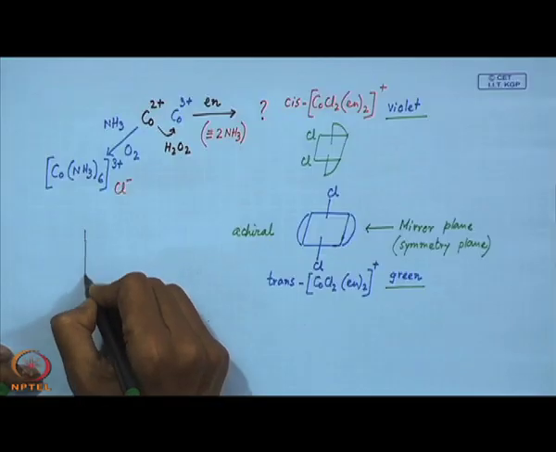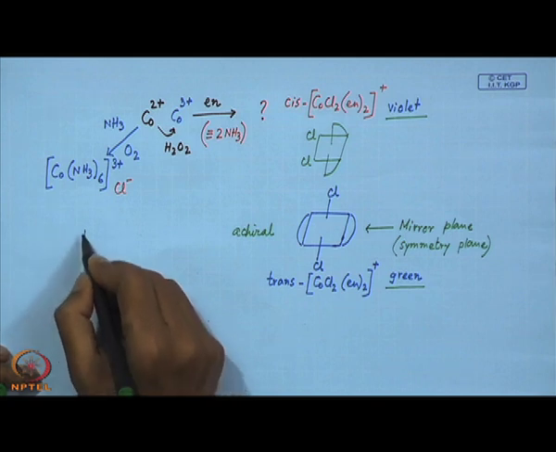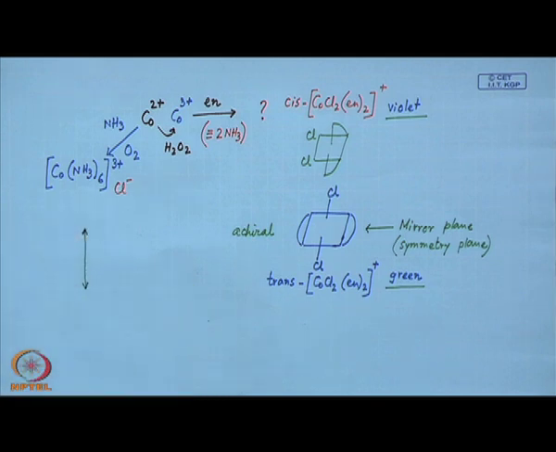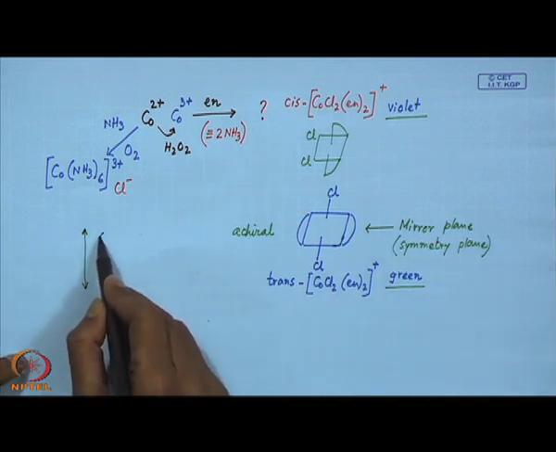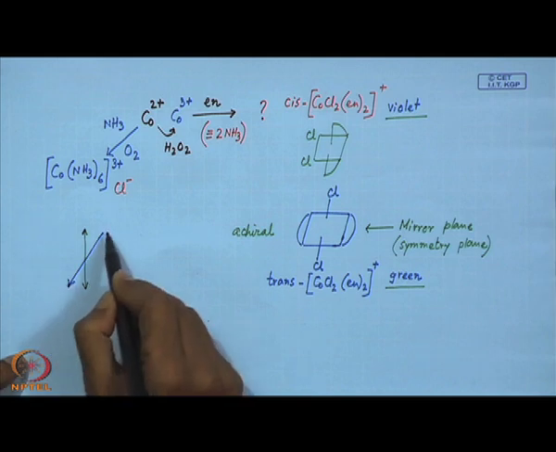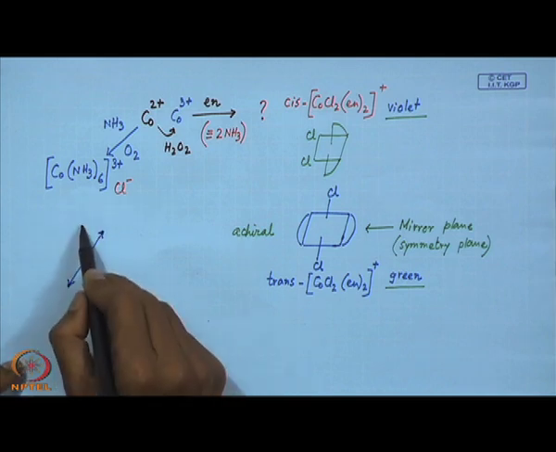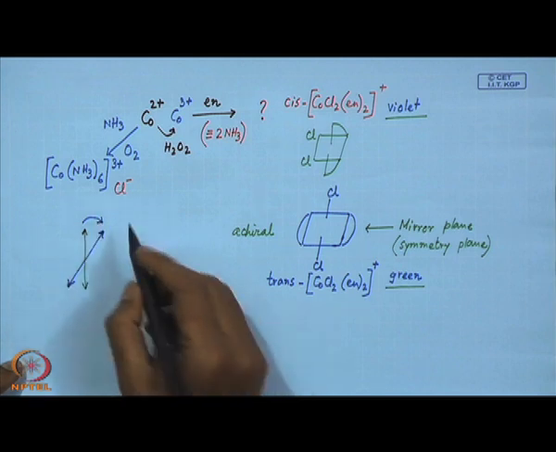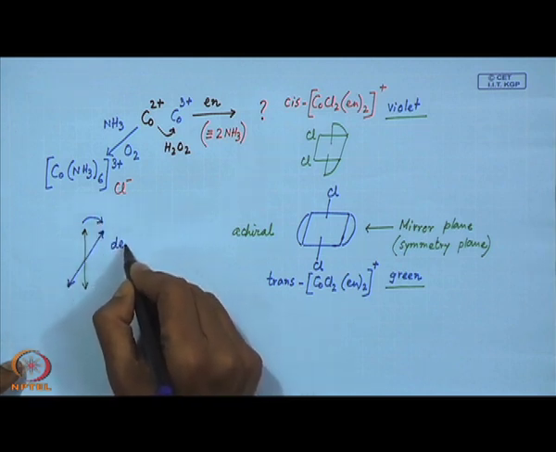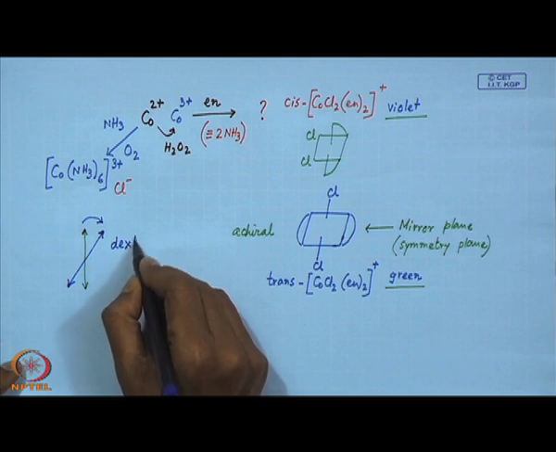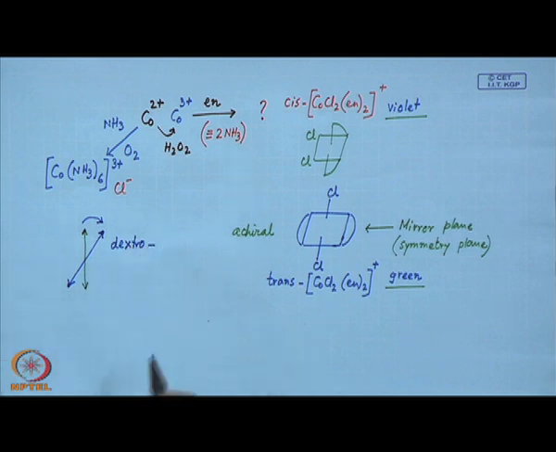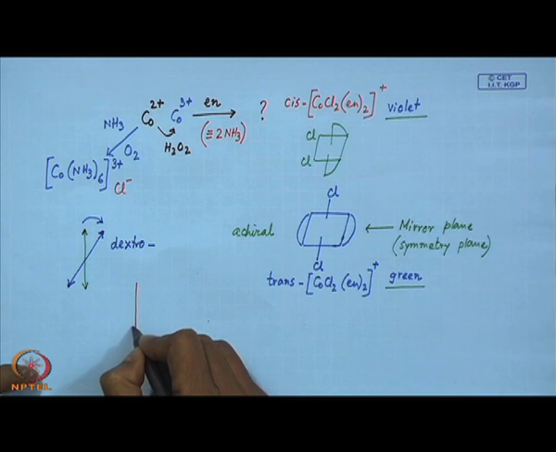So, we have the plane polarized light, and if it is rotated in one particular direction, that means towards the right, we call it dextrorotatory.